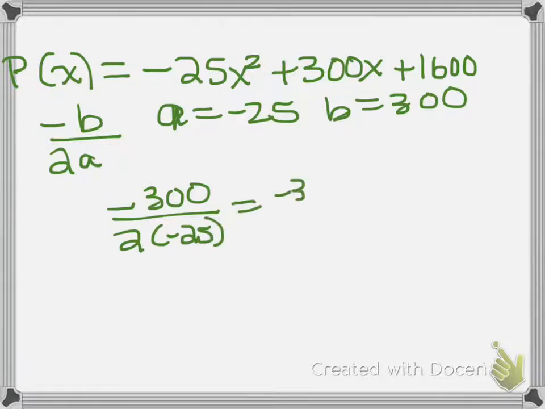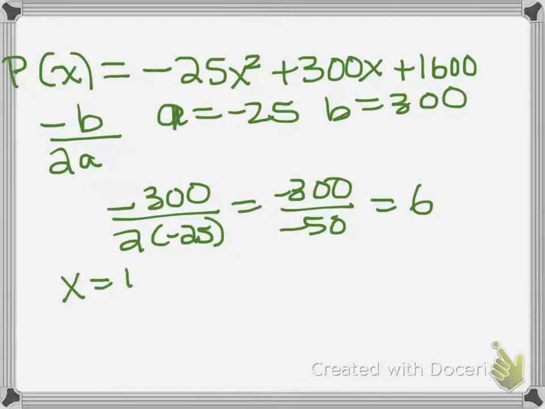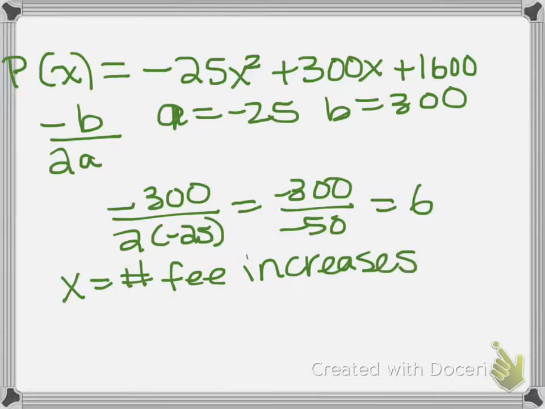So negative 300 divided by negative 50, so that equals 6. So it doesn't mean 6 people or $6. It means, remember, x is the number of fee increases. So what we're saying is, if the fee is increased 6 times, you'll maximize your income.